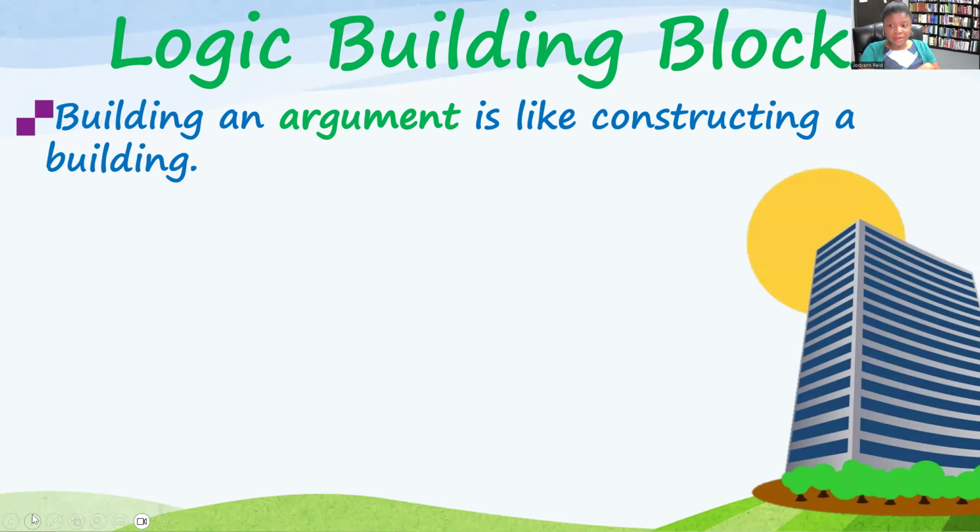If we follow that analogy and you were to start a career in construction, there are some specific skills that you would need to ensure that when you put the building up, it would stand. You would need to have a good foundation, that kind of thing. The same thing is the case in building arguments.